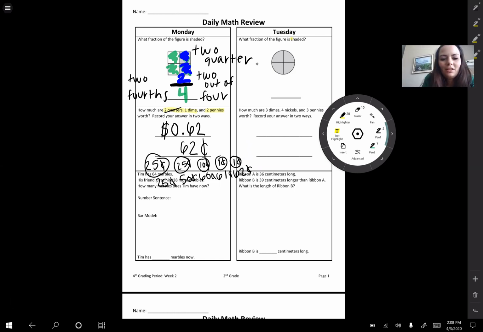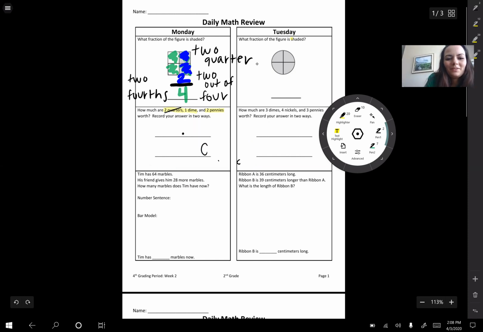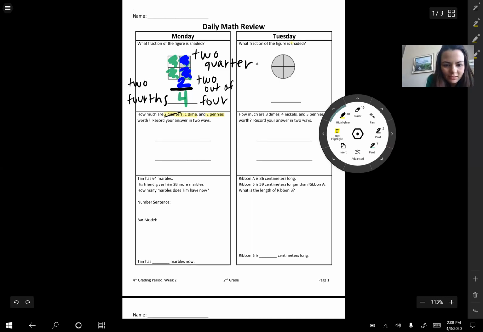Let me go ahead and erase this so that we have room. Okay, so Tim has 64 marbles. Okay, so let's highlight our keywords. So Tim, he has 64 marbles. His friend gives, so I'm going to circle that word because that's our action.